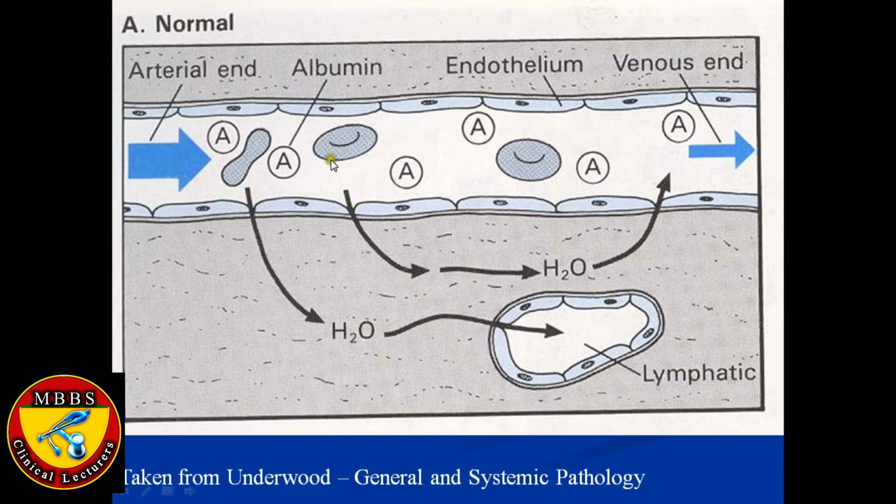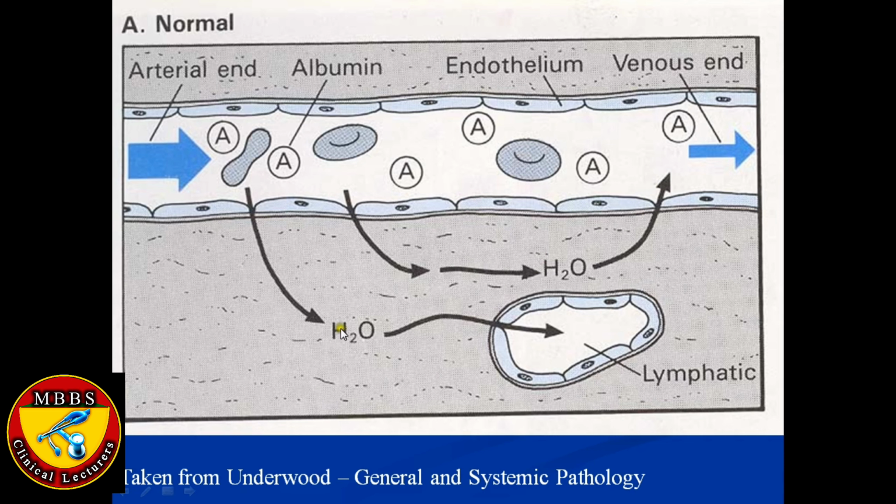As the blood flows within the capillary and a lot of fluid has been pushed out, the colloidal element increases at the venular end and thereby exerts an increased osmotic pressure, and hence the fluid which had been pushed out at the arteriolar end is pulled back by the increased osmotic pressure at the venular end.